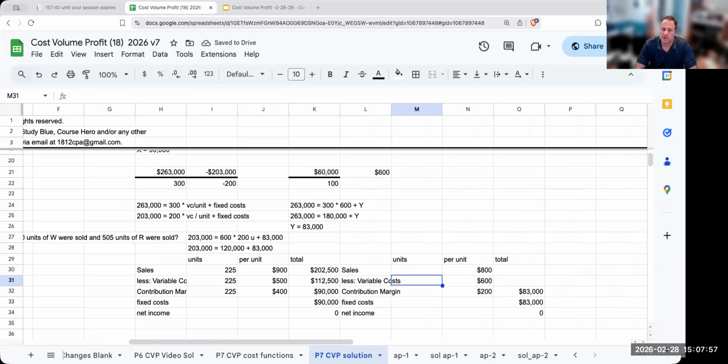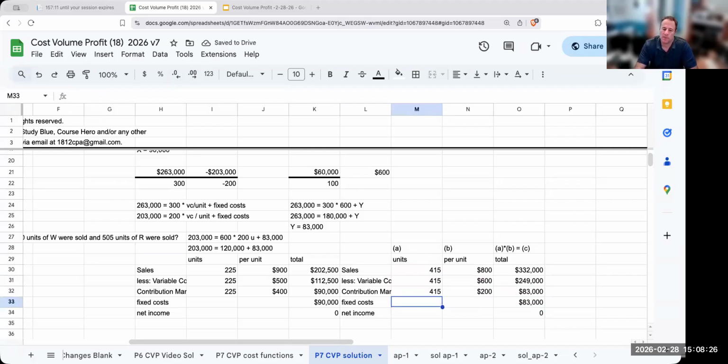That means, because of the relationship of units times the per unit, my units over here must then be 415 units. So if I have a contribution margin of 415 units, I must have sold over here in terms of sales, and I had variable costs over here.